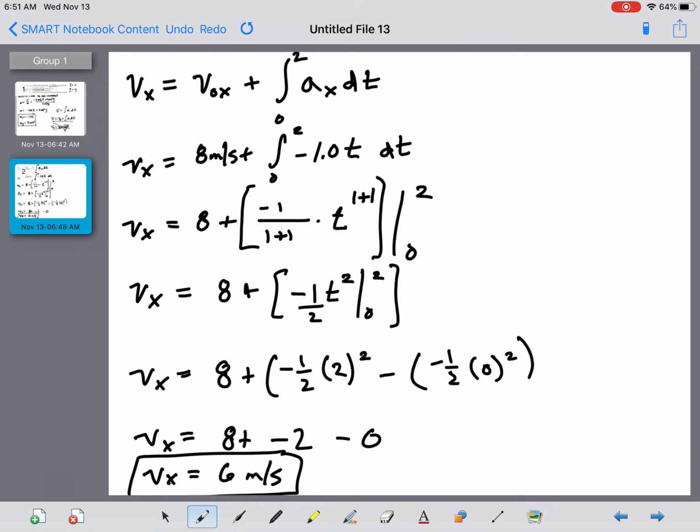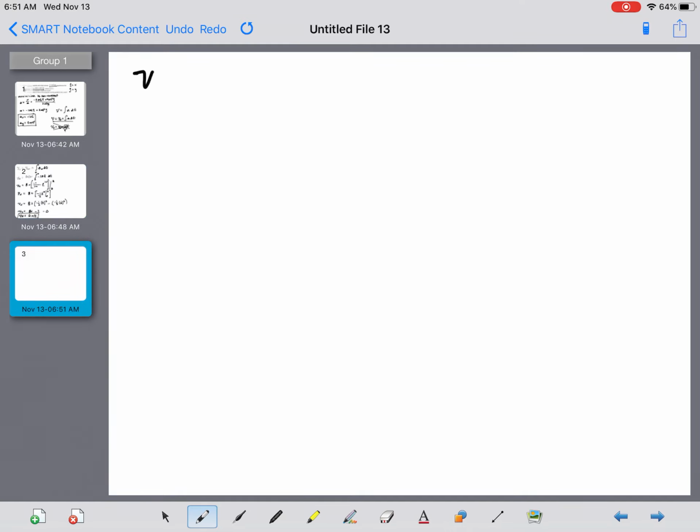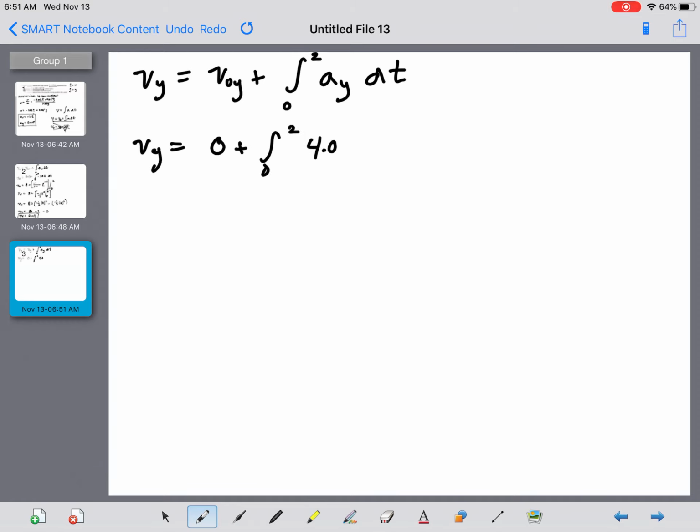All right. Now we do the same approach for velocity in the y. So velocity in the y is equal to initial velocity in the y plus the integral from 0 to 2 of the acceleration in the y dt. So this becomes 0, because I have no initial velocity in the y, plus the integral 0 to 2 of 2.0, or sorry, that was 2.0 t squared dt.